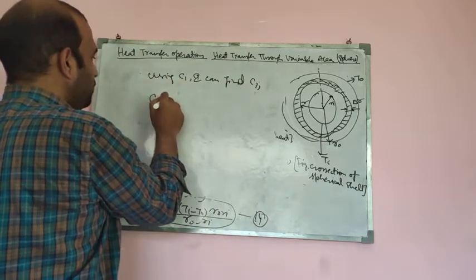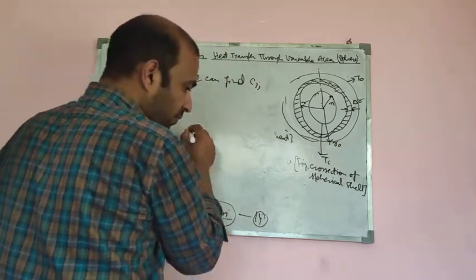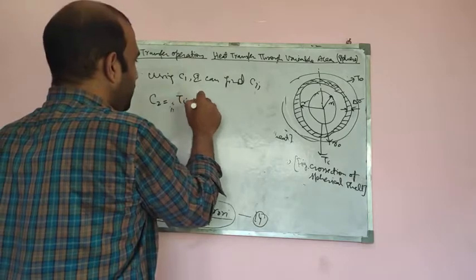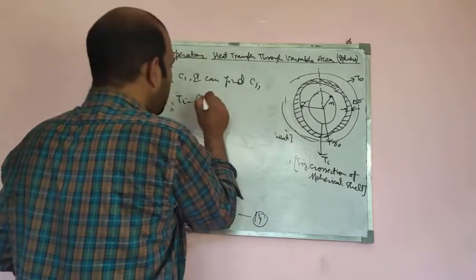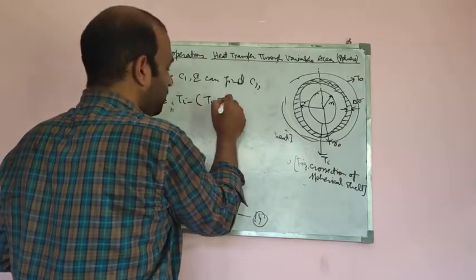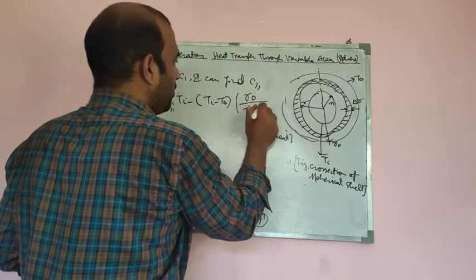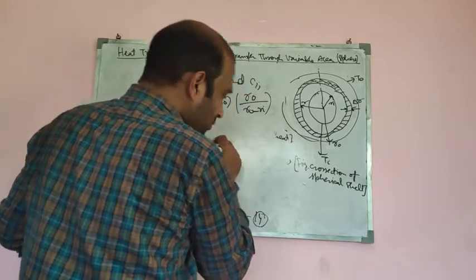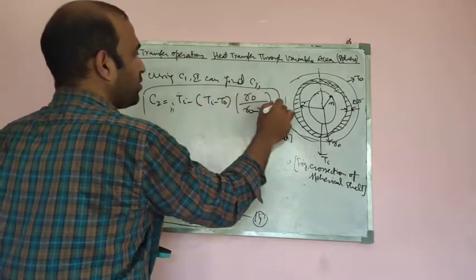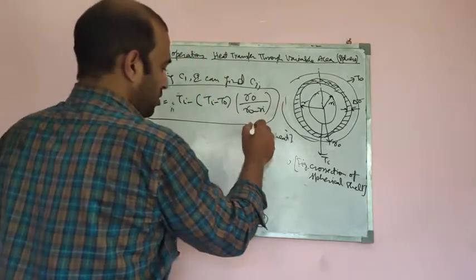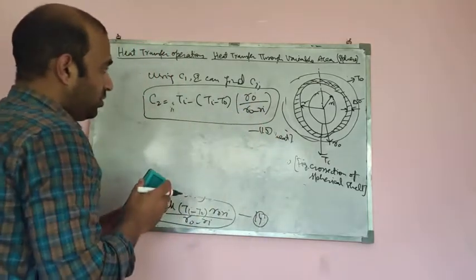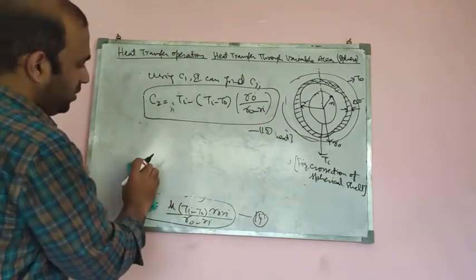So our integration constant C2 will be equal to Ti minus T naught, this will be R naught by R naught minus Ri. So this is my second integration constant. Let's call this equation 15. So these are two integration constants, C1 and C2.